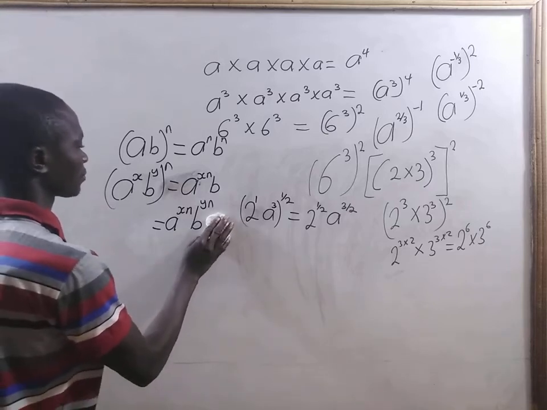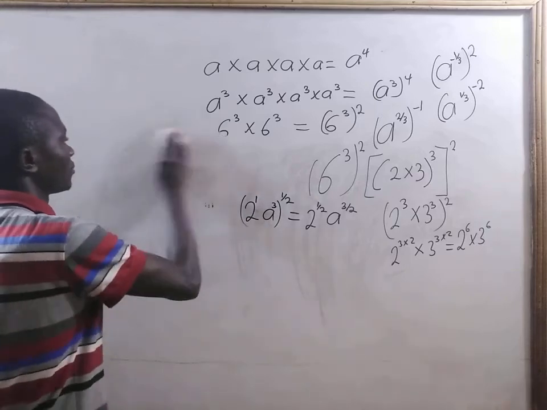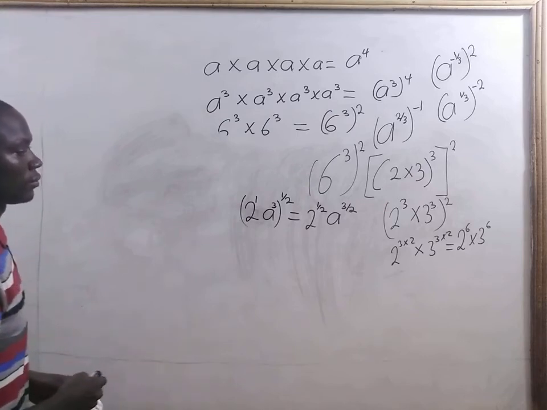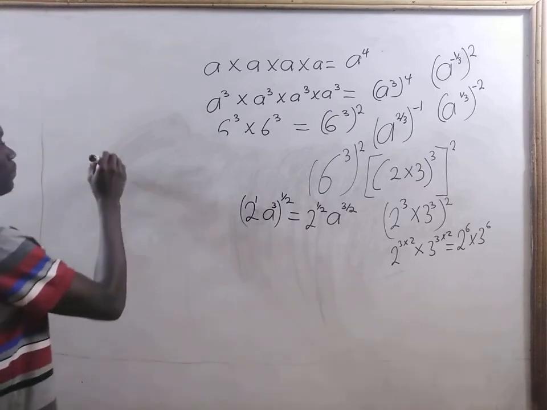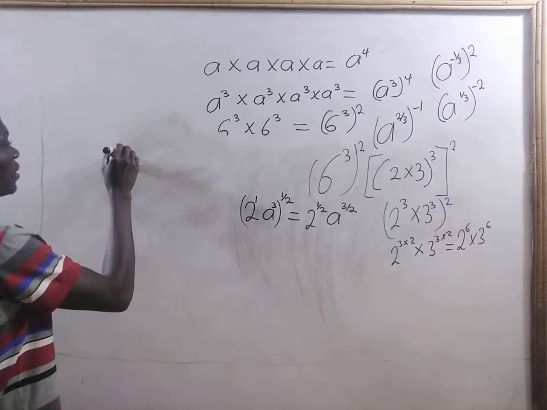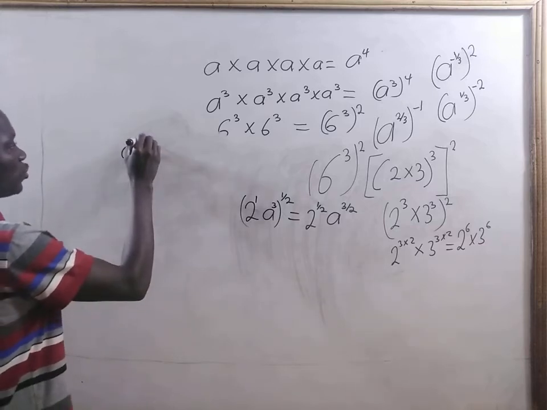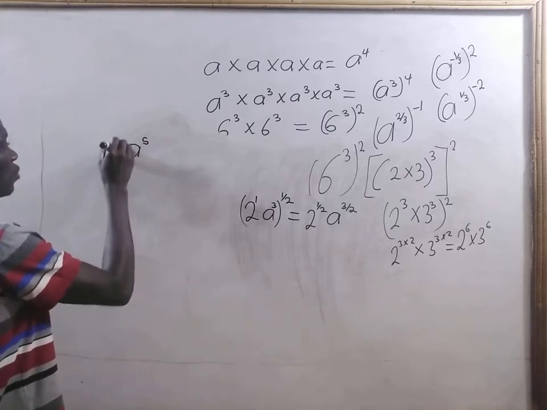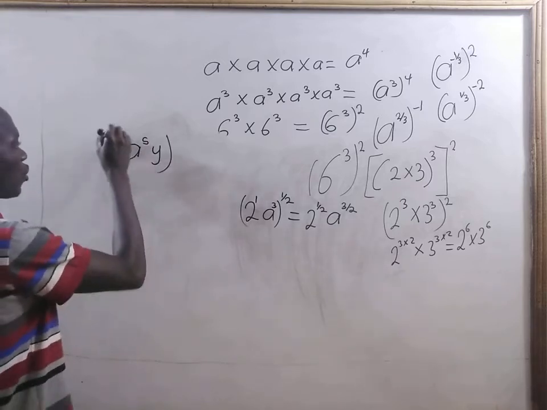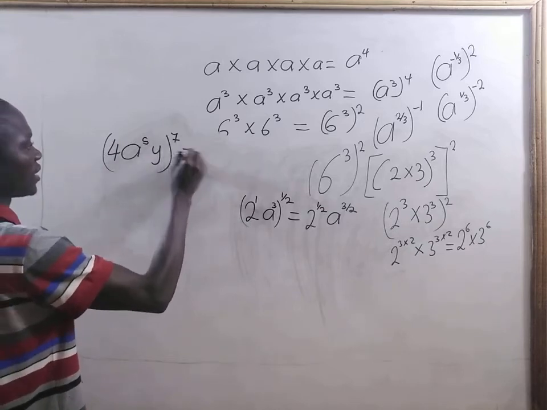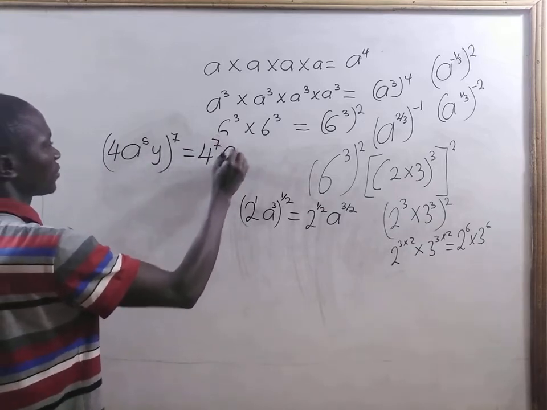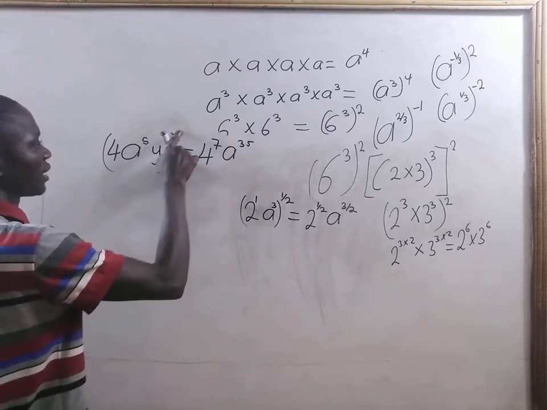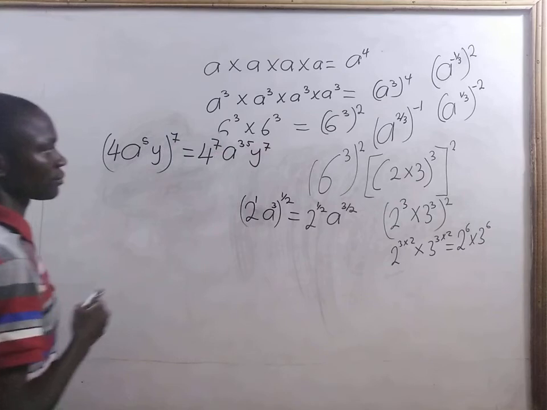Let's look at this one. If I have A to the power 5 times 4 times y all to the power 7, then I'll have 4 to the power 7, A to the power 5 times 7, that is 35, and 1 times 7, that is y power 7.